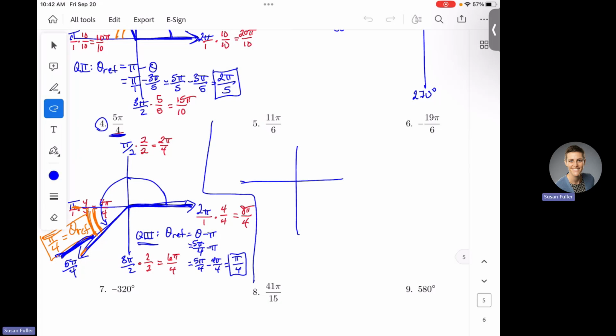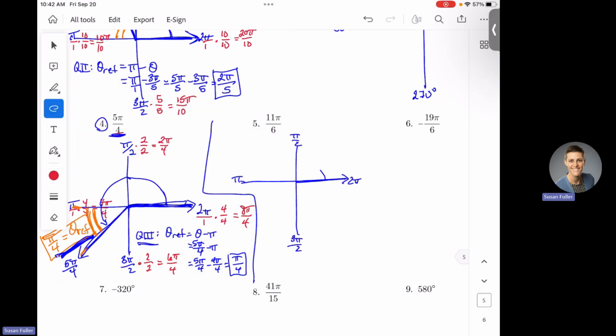And I have a positively rotating angle in radians. So again, I'm going to start at my initial side on the positive x-axis and rotate up counterclockwise. And we have to figure out how far we're going to go. So I'm going to have to put all of my landmark points in here. And I have to get a common denominator so I can compare these.